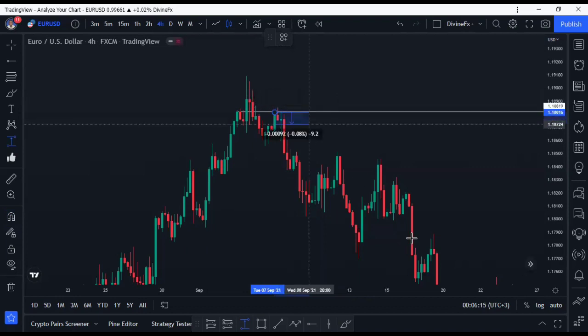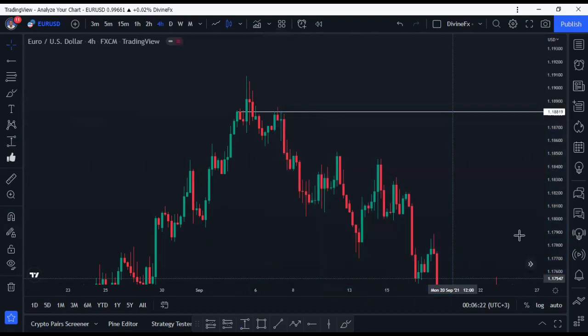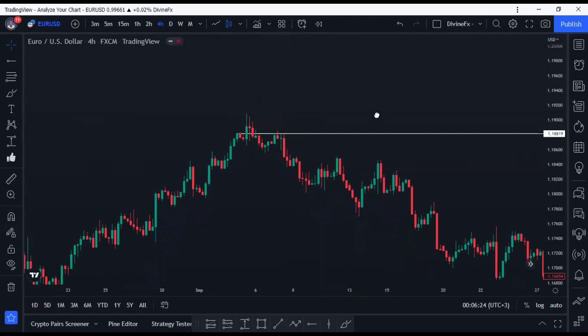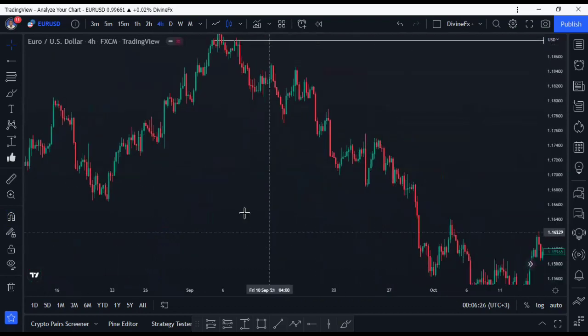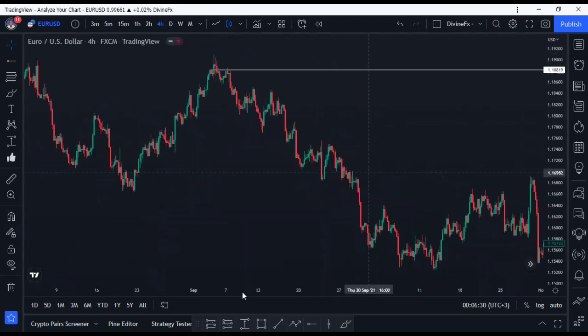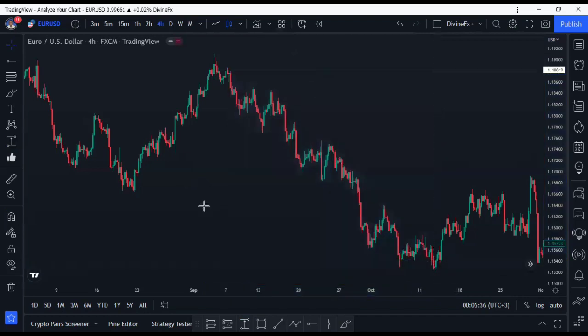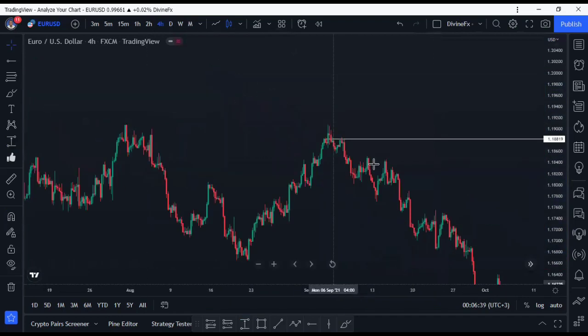Then boom, the market moved in our direction, more than 100 pips, after testing the invalidation point. This was the movement after the test of this invalidation point, 300 pips in this direction. So this is how the market moves, and this is what we call the price action, the pure price action.